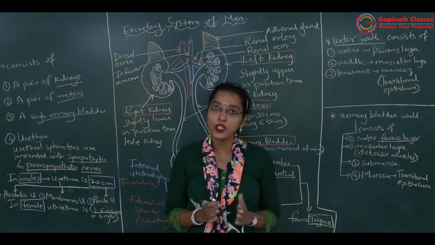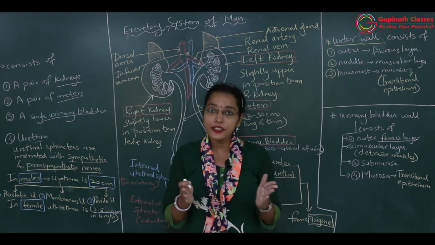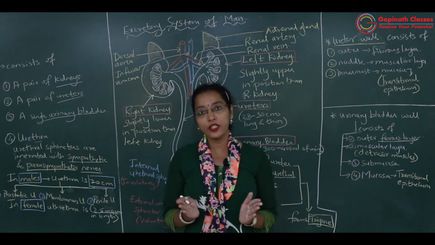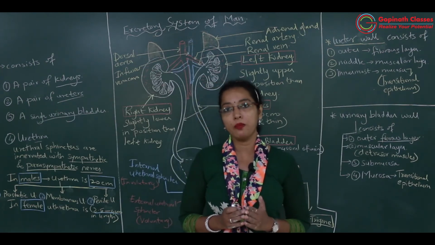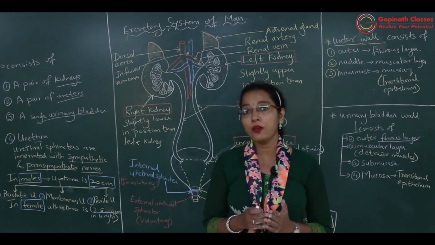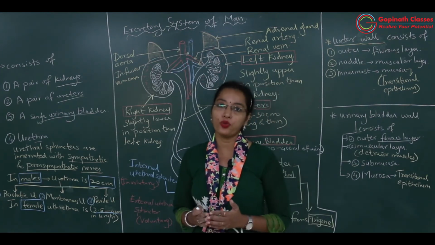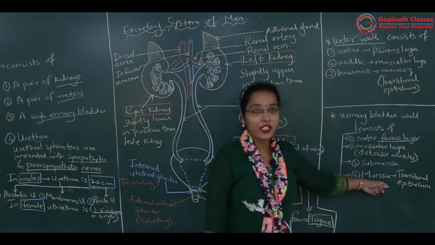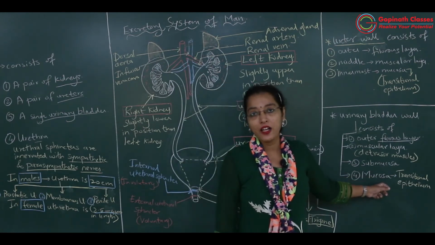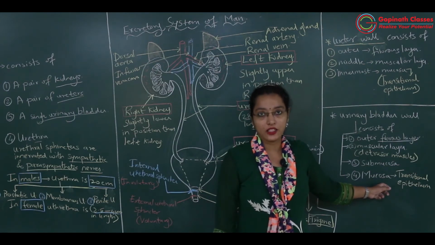Again, why transitional epithelium? To increase or decrease the volume of the urinary bladder depending upon how much urine has to be stored, because transitional epithelium can expand as well as contract.